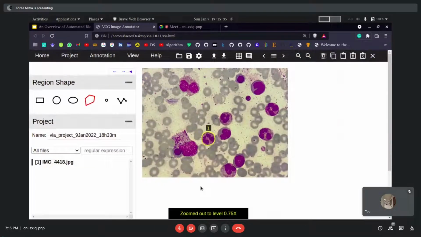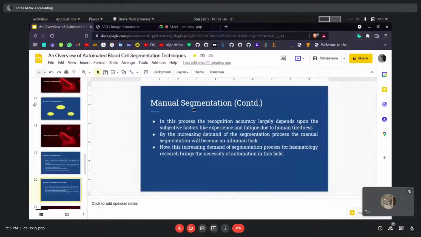And if there are thousands of slides, then it will be kind of impossible. That is why the necessity of automation in this field is required.